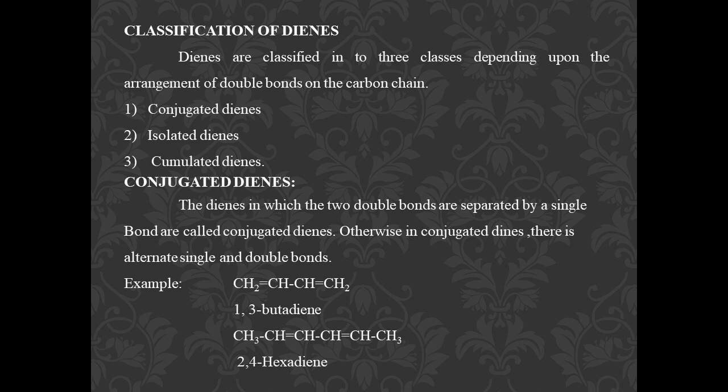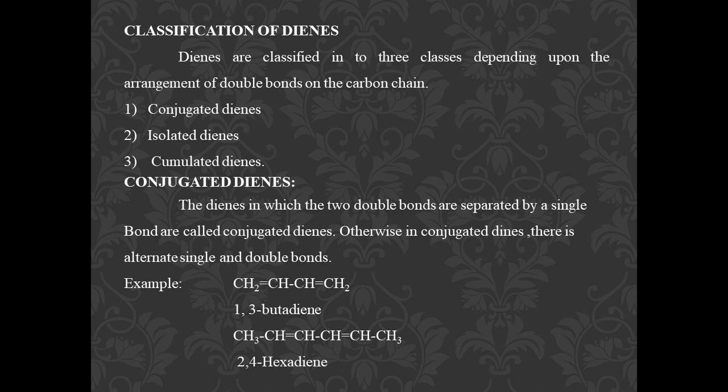The double bonds are coming in alternate places, and the center bond is the single bond. So alternately double bond, single bond, double bond. This is a good example for 1,3-butadiene, and another example of this type of diene is 2,4-hexadiene.